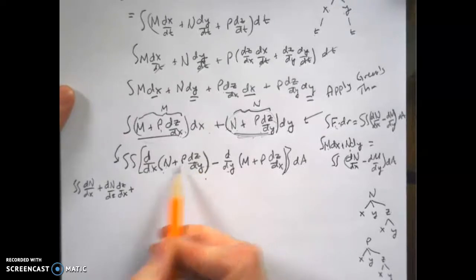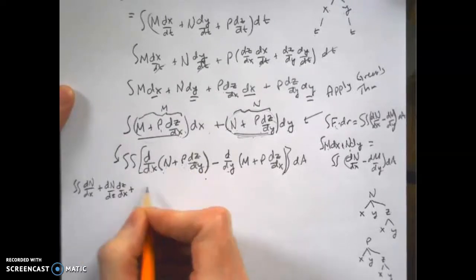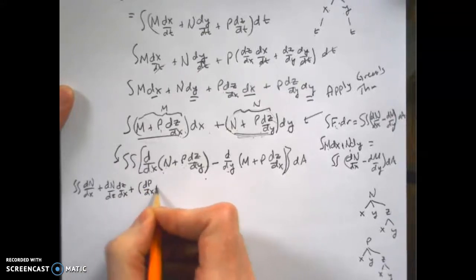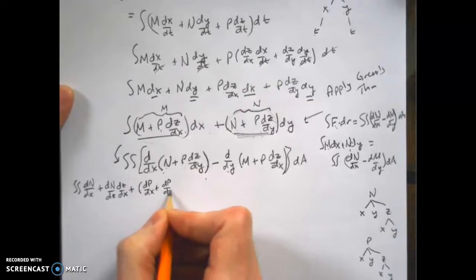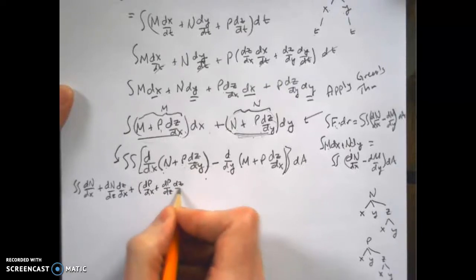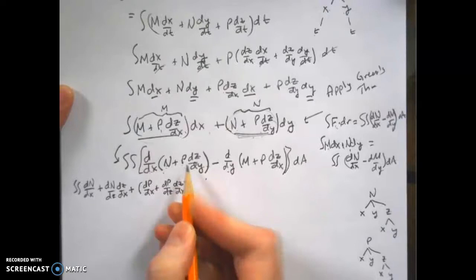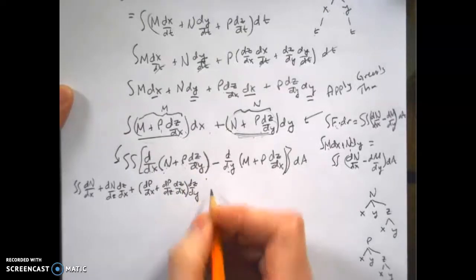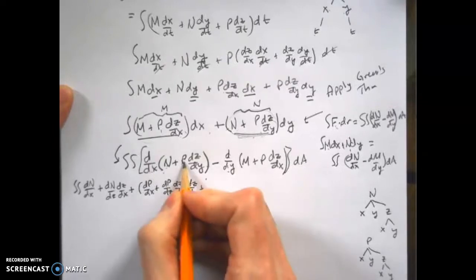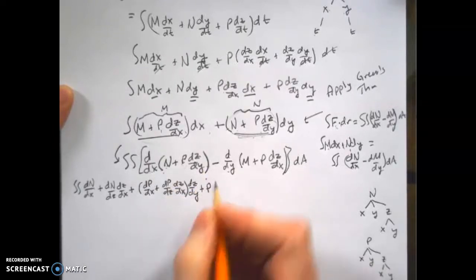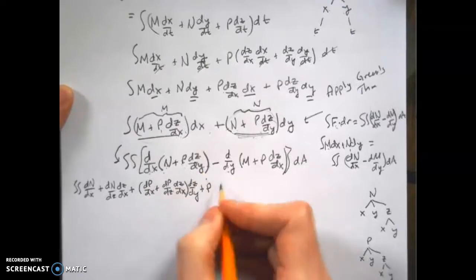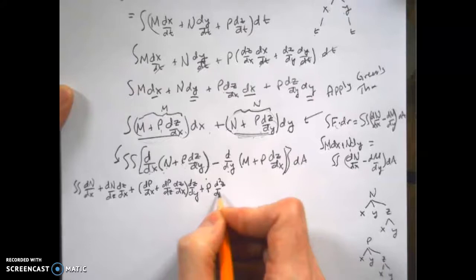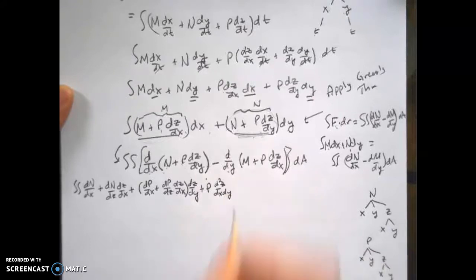So I need the x derivative of p, which is dp dx plus dp dz dz dx, times dz dy, and then plus the first times the derivative of the second. So p times the x derivative of this. So that's going to be the second derivative of z with respect to x with respect to y.